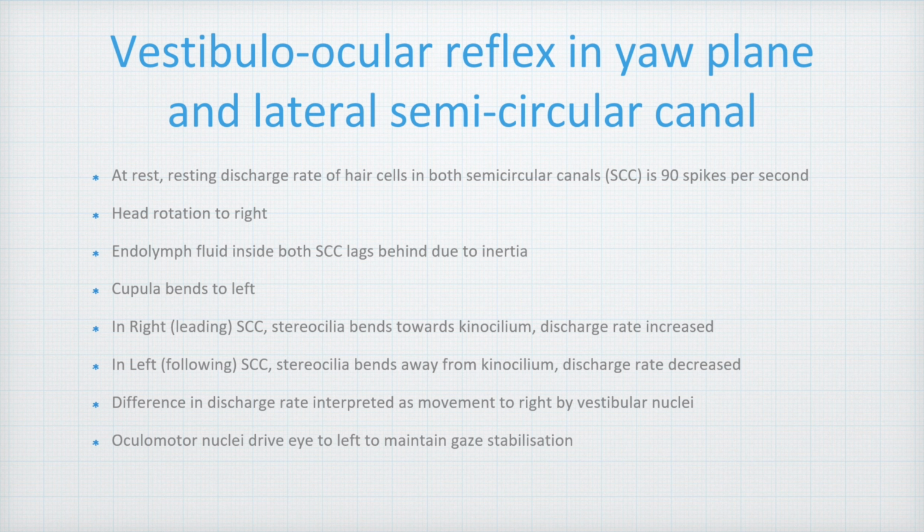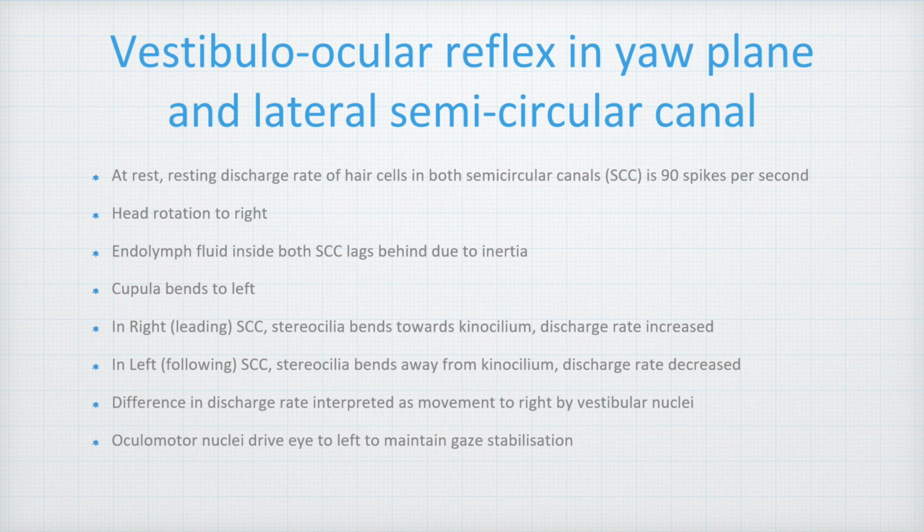Because of this difference in discharge rate, with the right side discharge rate increasing and the left side discharge rate decreasing, movement to the right is interpreted by the vestibular nuclei. Vestibular nuclei are in the brain. There is a difference in discharge rate of the peripheral vestibular system, and this difference is perceived as movement to the right by the vestibular nuclei in the brain.